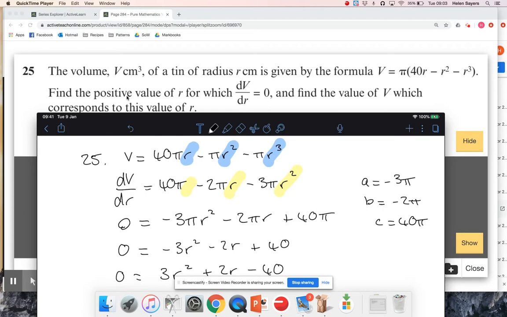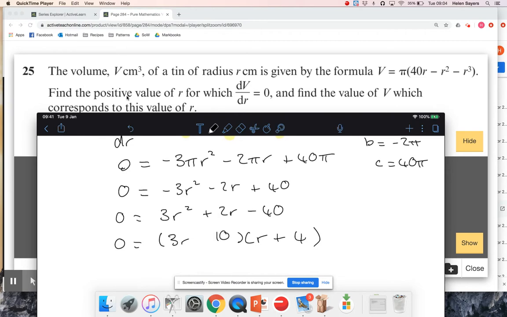So it's got to be 3r and r. What could we have? 5 and 8 wouldn't work. 4 and 10 would work. If I put 4 there, that's going to give me 12r, and then that will give me minus 10r, so that would give me the 2r.